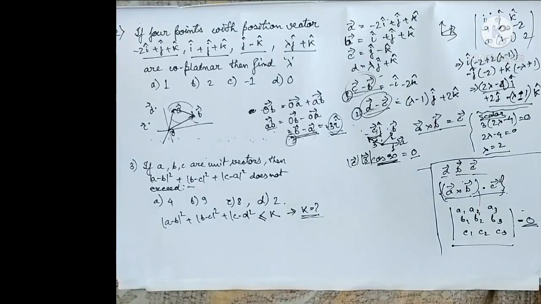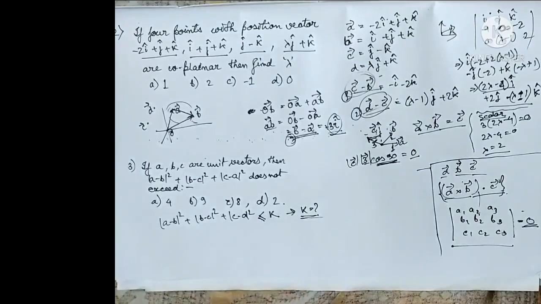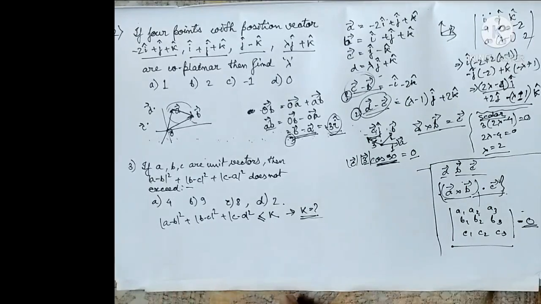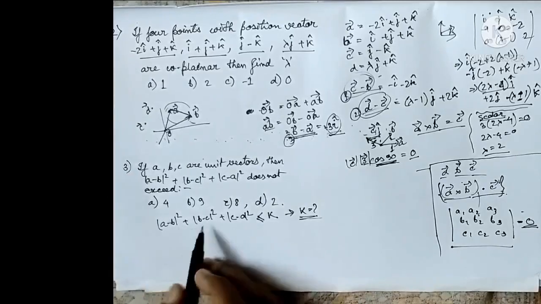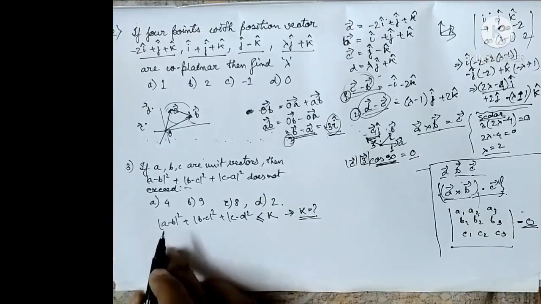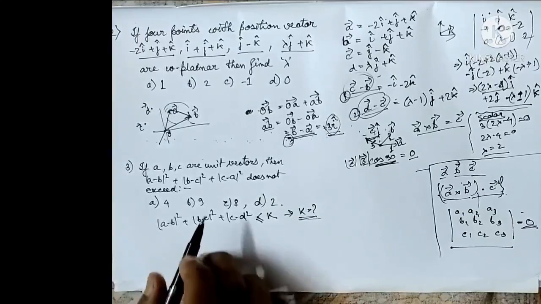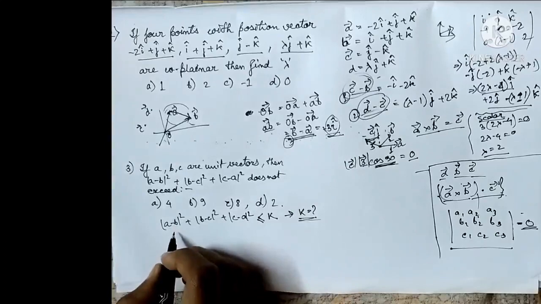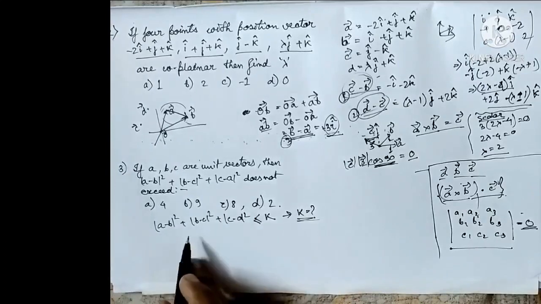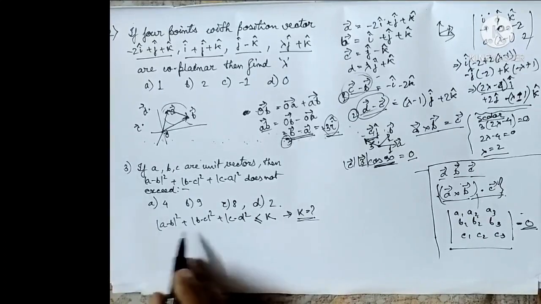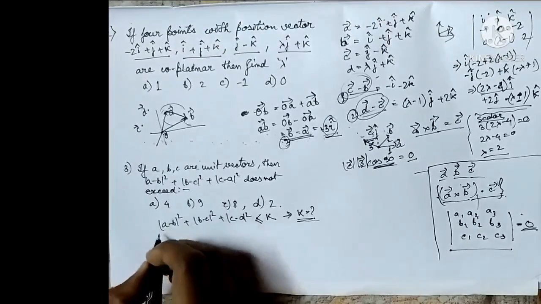Okay, so for finding it you must use some algebra. As we saw in the previous formula for addition or subtraction of two vectors, we will expand it as a square plus b square minus 2ab cos theta, or minus 2 a dot b, and similarly for the other terms.